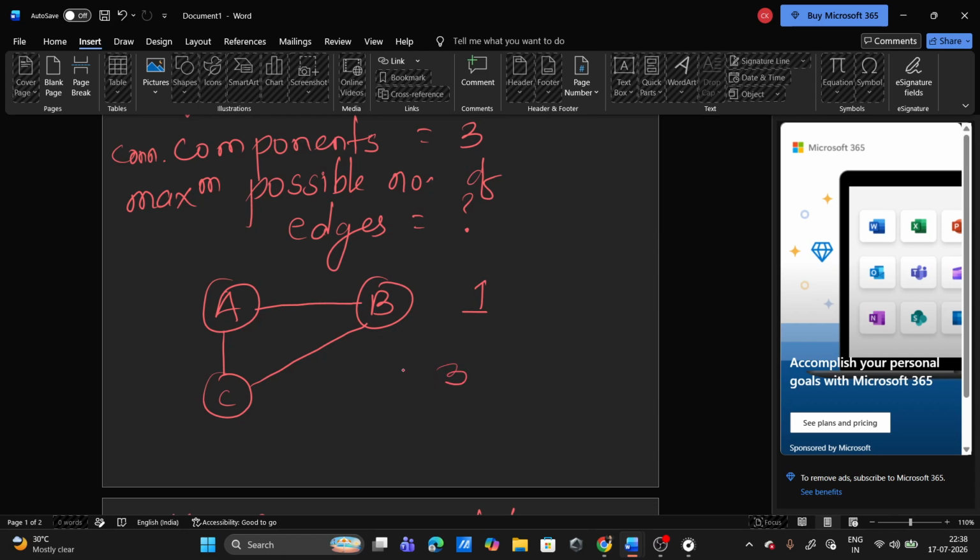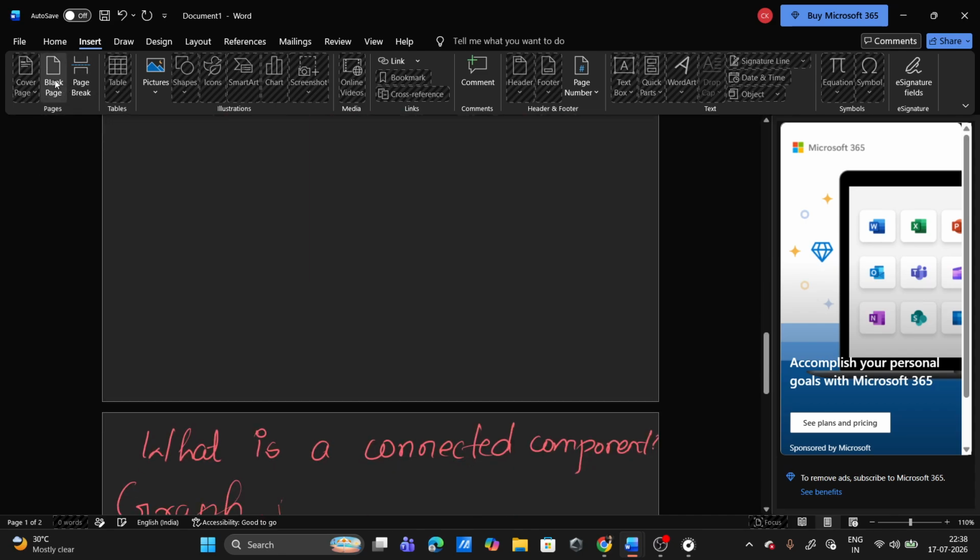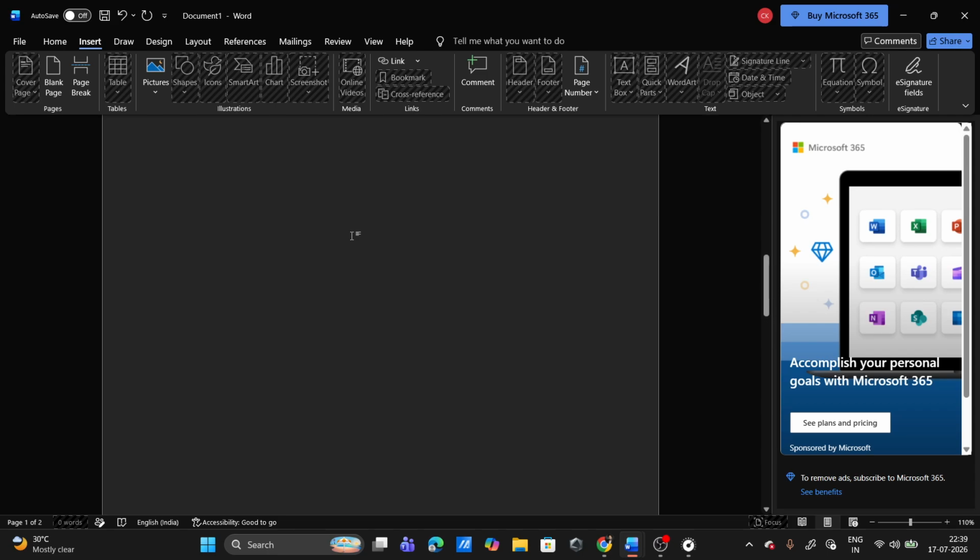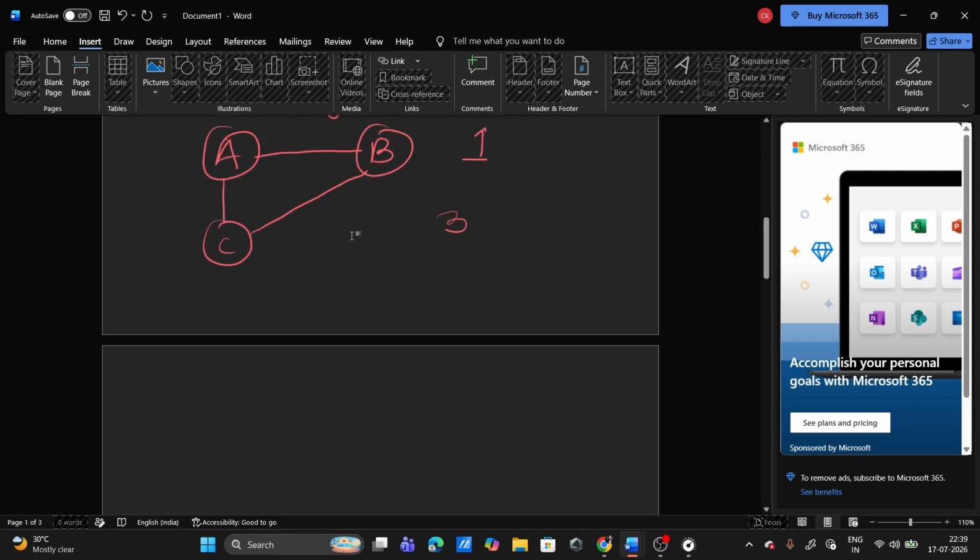Let me insert one more blank page. Let's say I draw one more vertex. Now I can draw one more edge over here, over here, now one here.